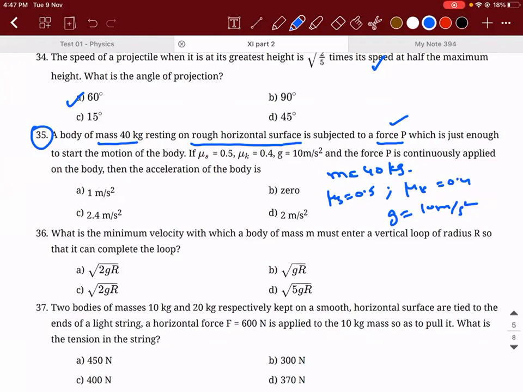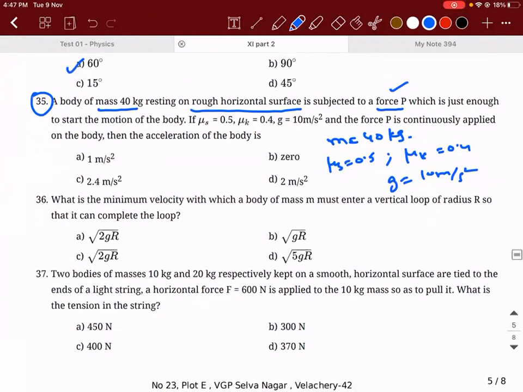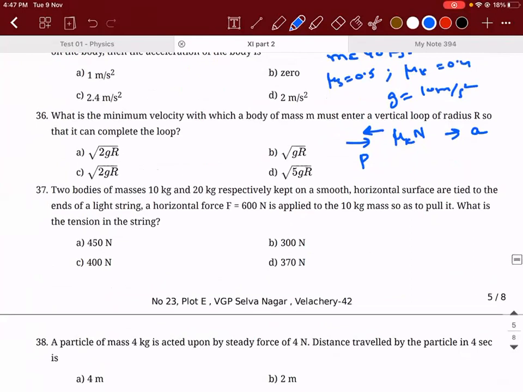So there is a horizontal force P applied. This horizontal force has to overcome the kinetic friction for the object to accelerate. So can I write P minus mu k times N is equal to mass of the object into acceleration?